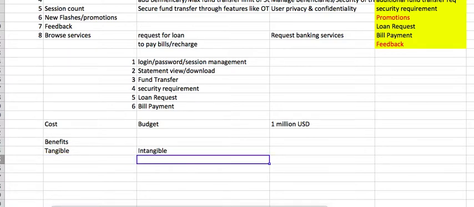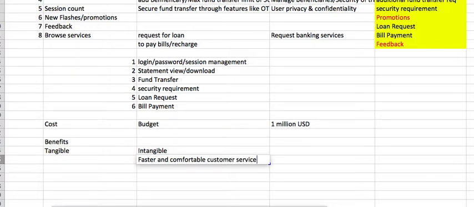Okay, that's your intangible. Faster and comfortable customer service. Faster, comfortable, convenient actually, because if the customer is traveling abroad, he doesn't have to worry about paying the rent or bills, because he can just transfer the money online. Isn't that convenient?